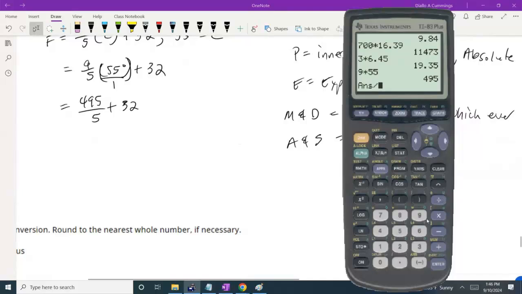If I divide 495 by 5, we get 99. Right, because I got to divide before I can add or subtract. And if you add 99 and 32, I believe you should get 131 degrees Fahrenheit.